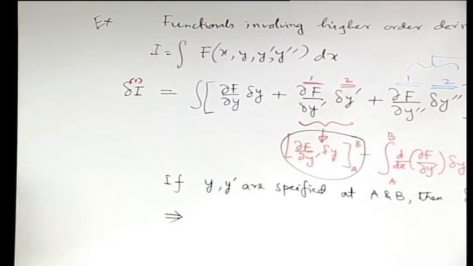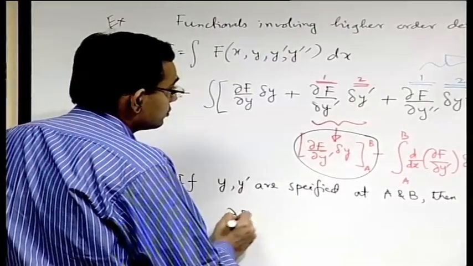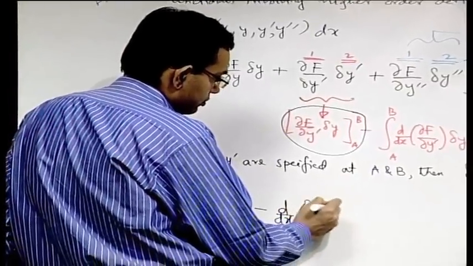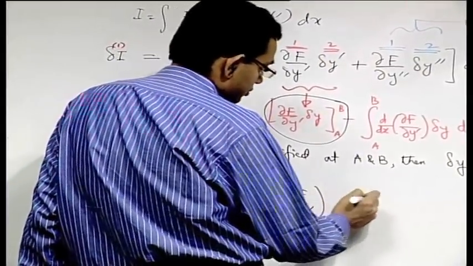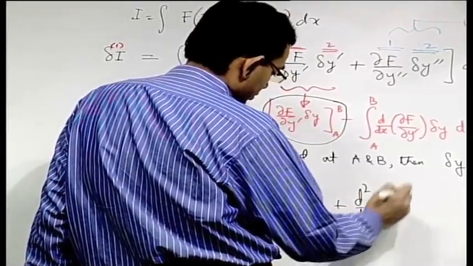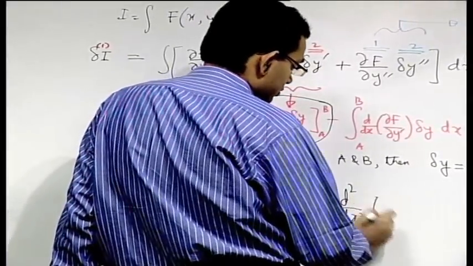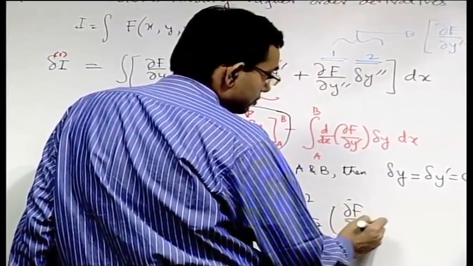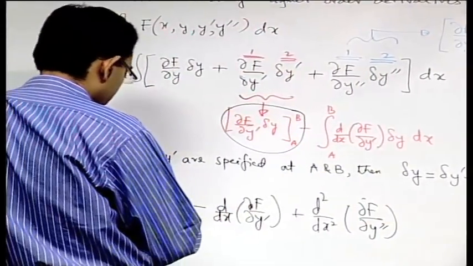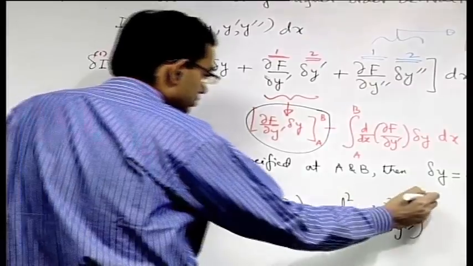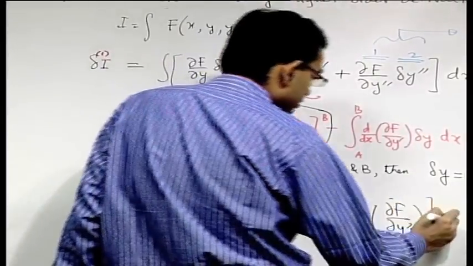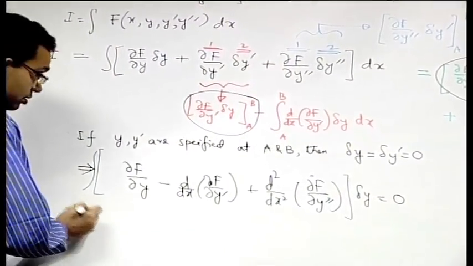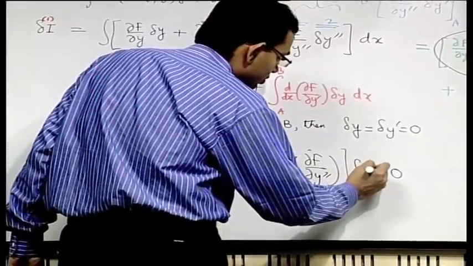So, we are left with... or since delta y is arbitrary, there is of course one dx.